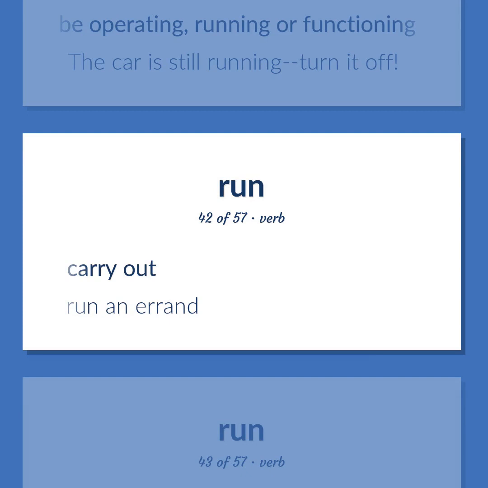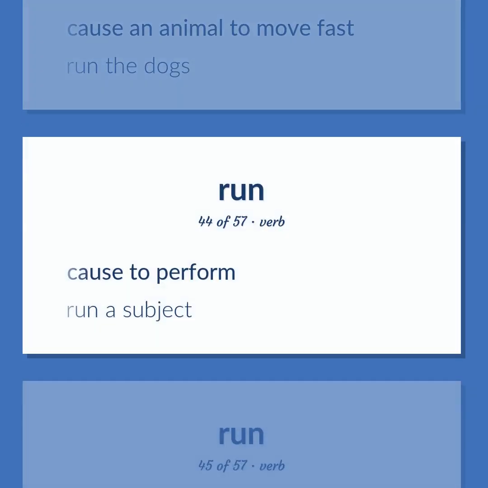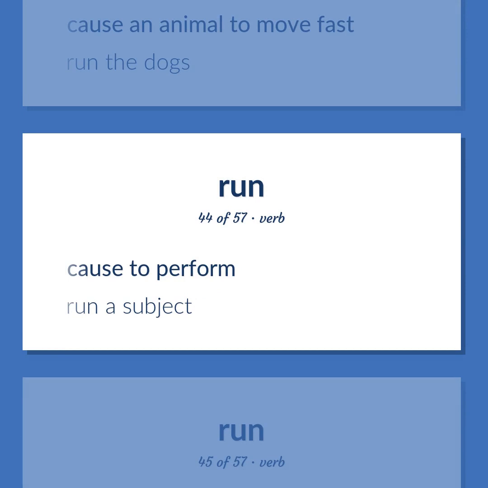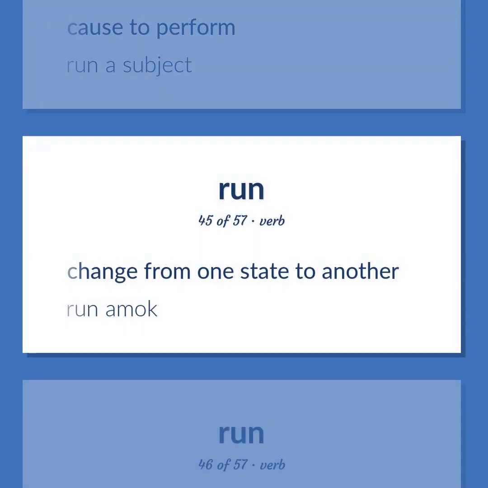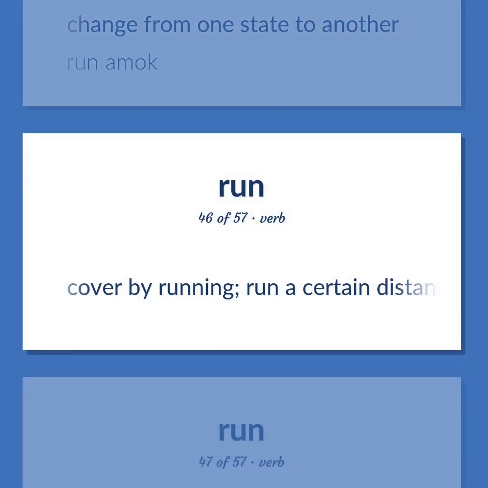Carry out. Run an errand. Cause an animal to move fast. Run the dogs. Cause to perform. Run a subject. Change from one state to another. Run amok. Cover by running.